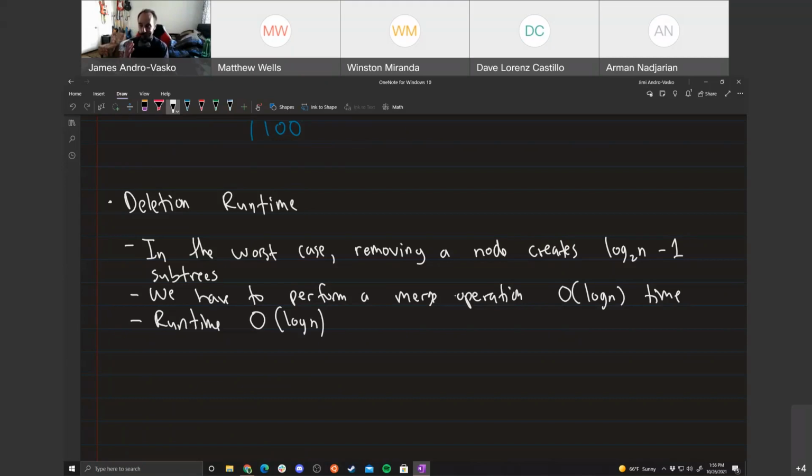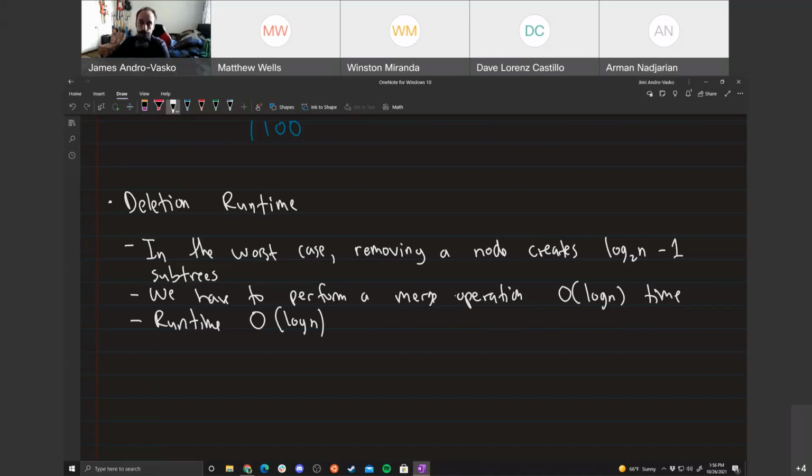In the worst case, the smallest element will be in our biggest possible tree, which will cause us to create several log n minus 1 trees, which will all get merged into the existing trees in our structure. So this log of n time is the typical case for deletion. Deletion time is still log of n, which is the same runtime it takes to do a deletion for a binary heap.